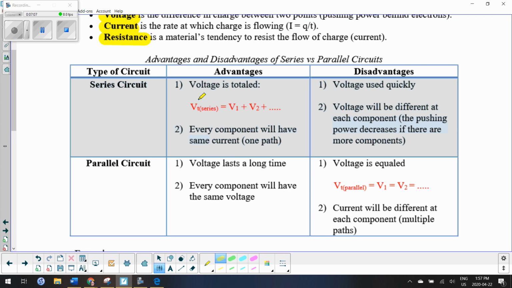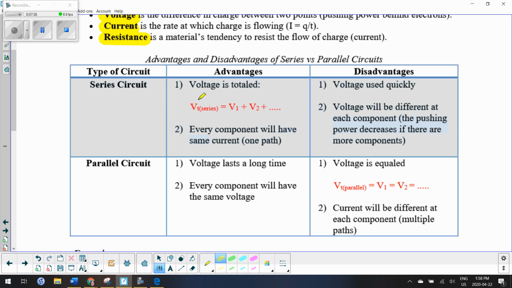If you have your power sources connected in series, then you can add your voltages together. For example, your scientific calculators, you're using all 4 batteries at the same time because they're connected in series. Every component will have the same current because there's only one path for the electricity to flow.